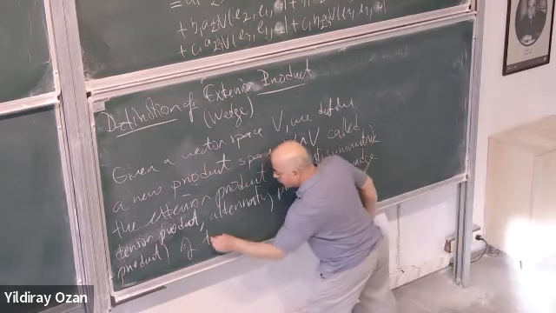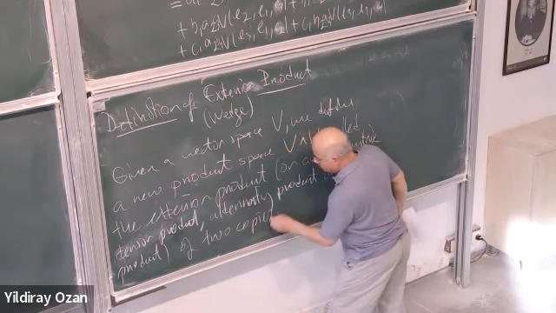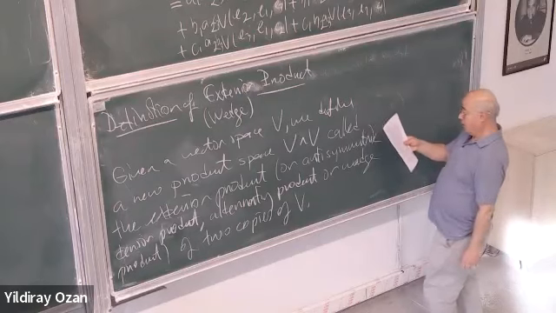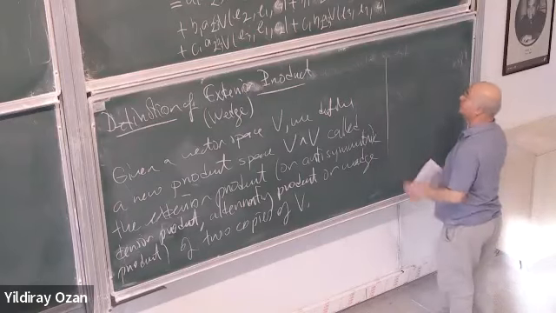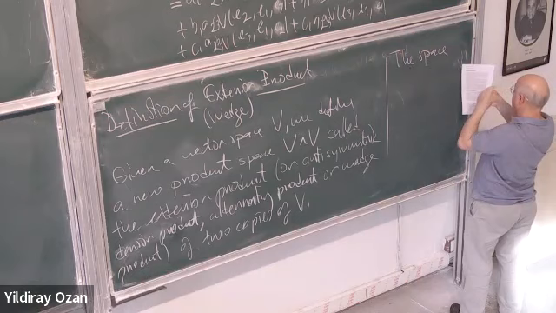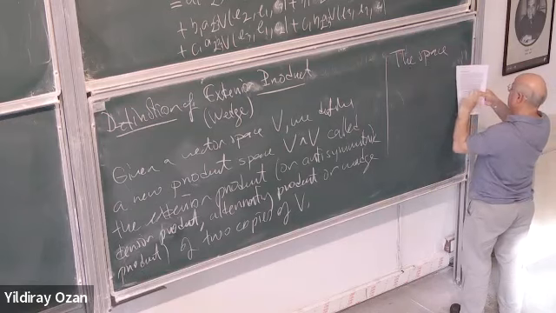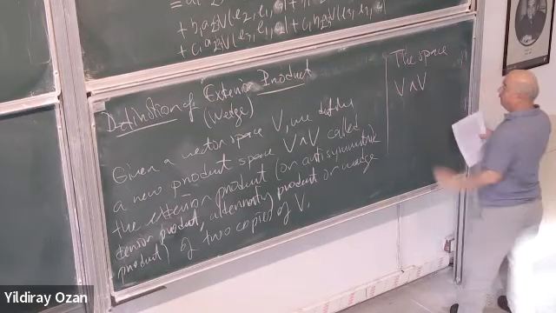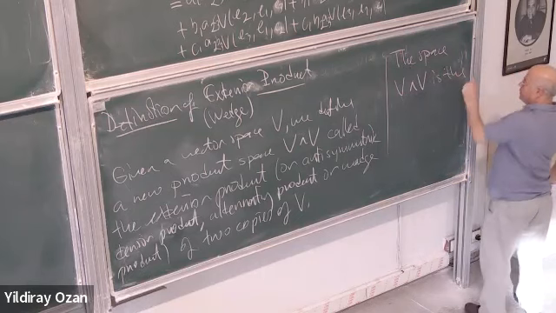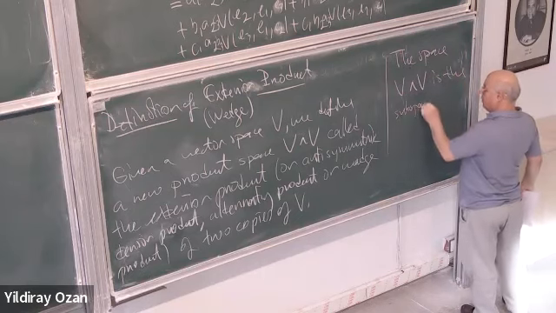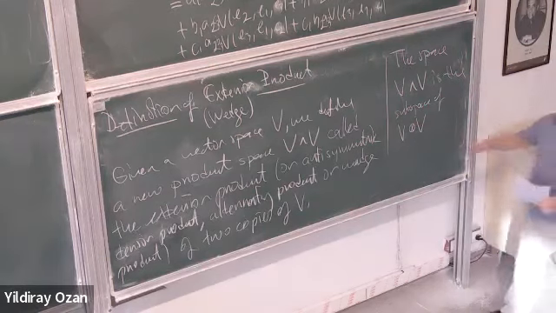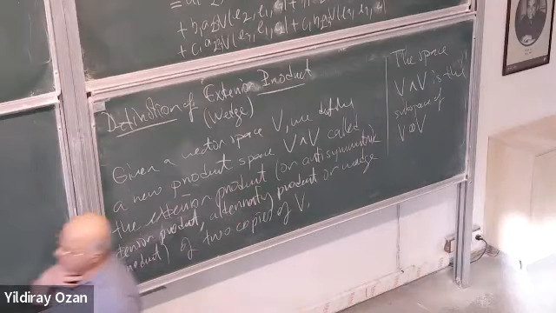Of 2 copies of the space V, the wedge V is the subspace of V tensor V. So it's a subspace of this because you know the wedge product is an element in the tensor product.